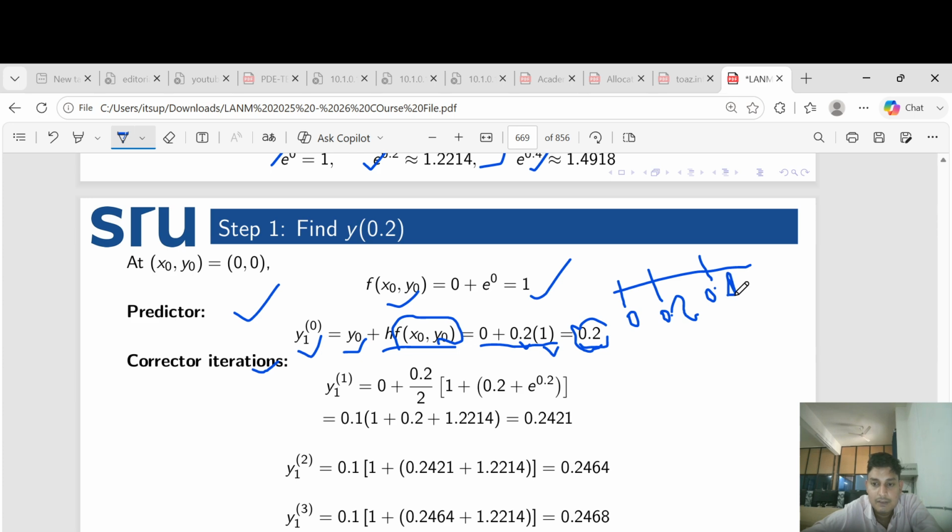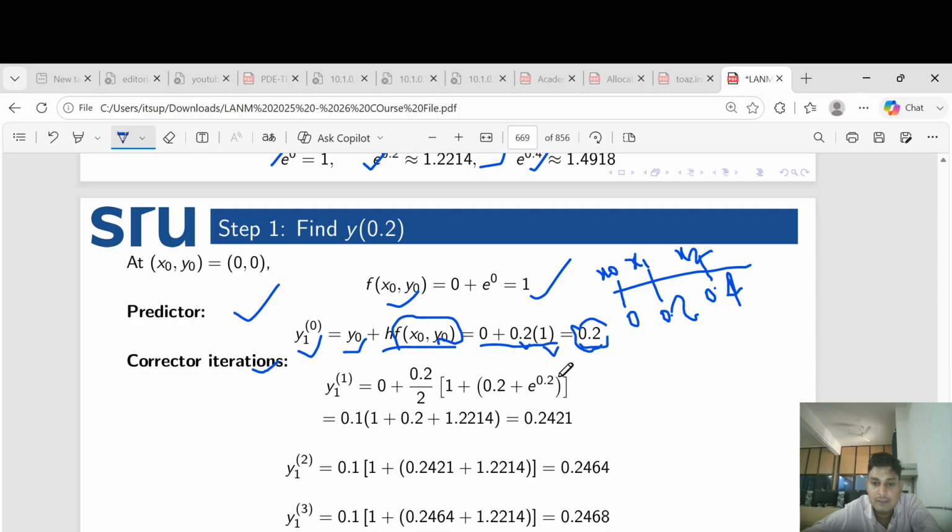Okay, so these are your values. This value is x0, this value is x1, and this value is x2.